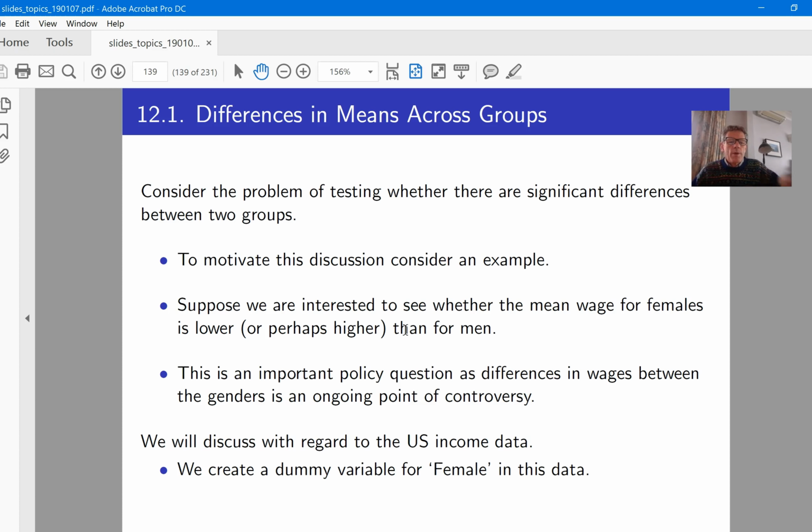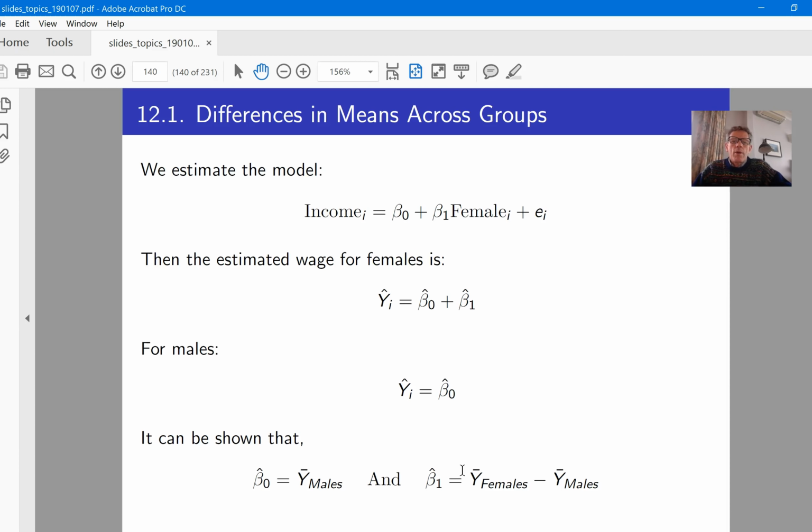So in this case, we're going to look at the US income data and ask the question whether there's a gender difference in average incomes. And the way we do this is by creating what's called a dummy variable for whether a person's female or not, and you'll get to see how to do this in your workshop.